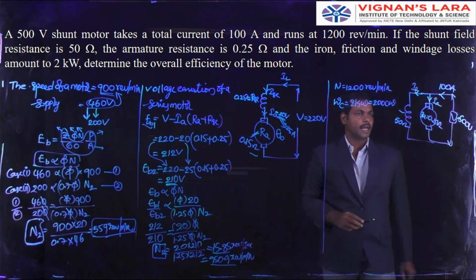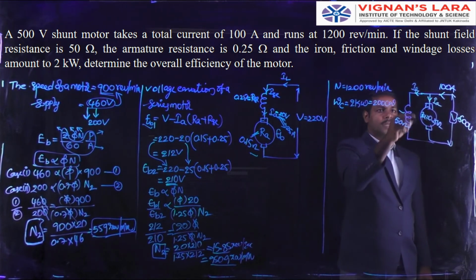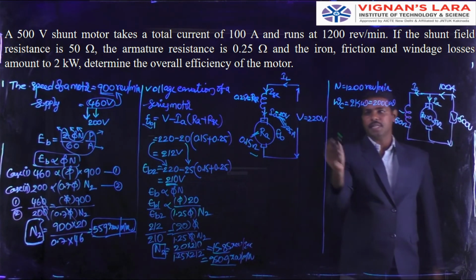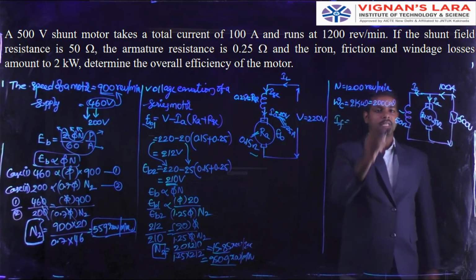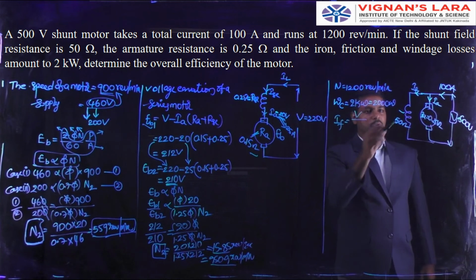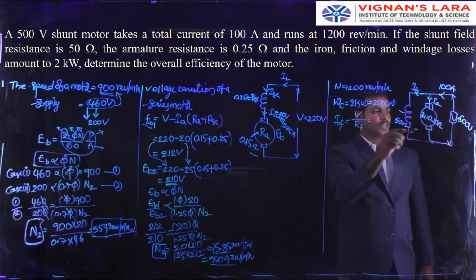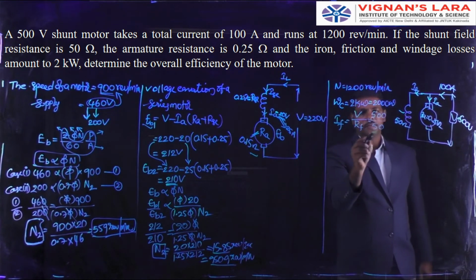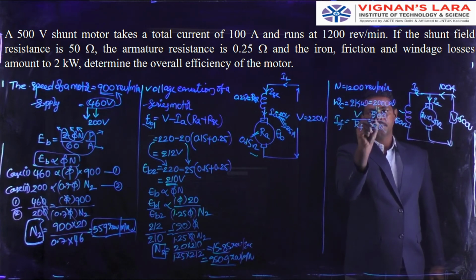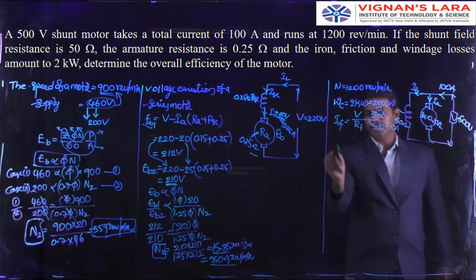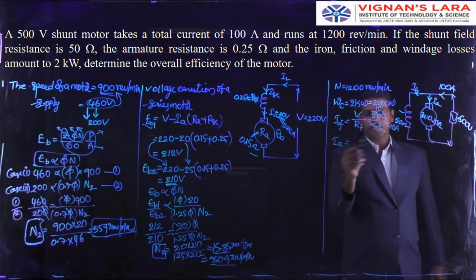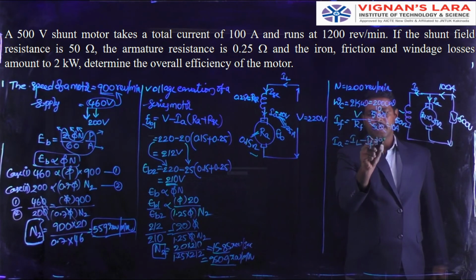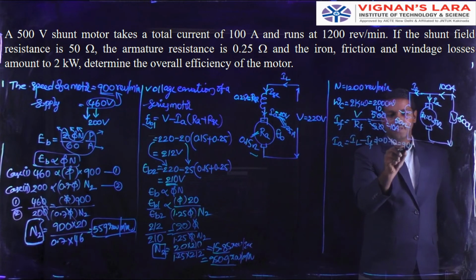The armature current is always calculated by subtracting IF from IL. The field current IF is equal to the input voltage divided by RF, which is 500 divided by 50, equal to 10 amperes. The armature current is equal to line current minus IF, which is 100 minus 10, equal to 90 amperes.